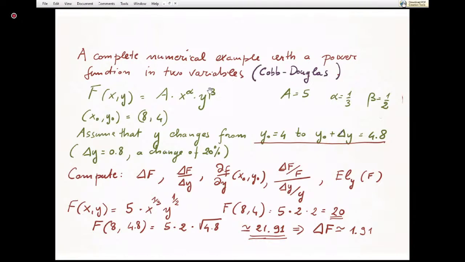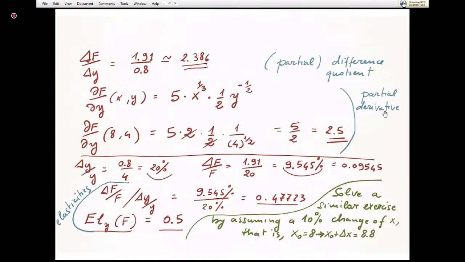In general, it's the exponent, it's beta. So beta is equal to 1/2, 0.5. So the theoretical partial elasticity with respect to y at the initial point is 0.5. Not just at the initial point, at any point, because this is an isoelastic function. So it has a constant elasticity.